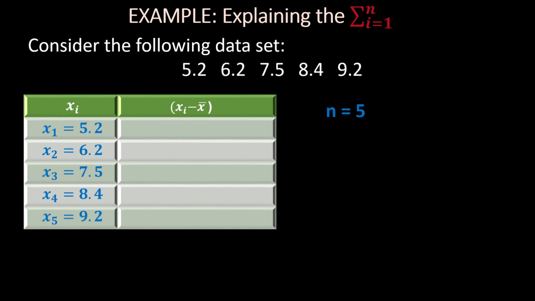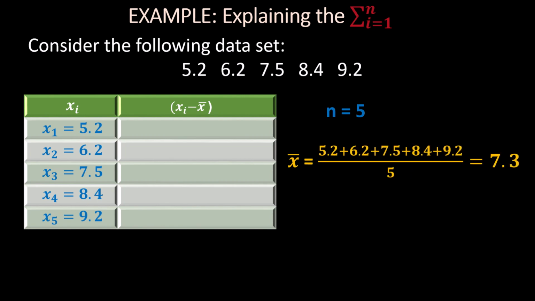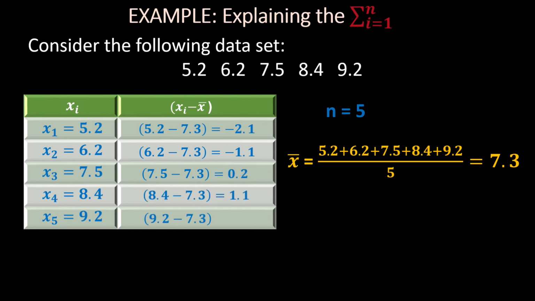Okay, first let me find the x bar. X bar is 7.3. Right. Now we can find the deviation of each observation. The first one, 5.2 minus 7.3, that is negative 2.1. Similarly, you can find the deviation of the rest of the observations.